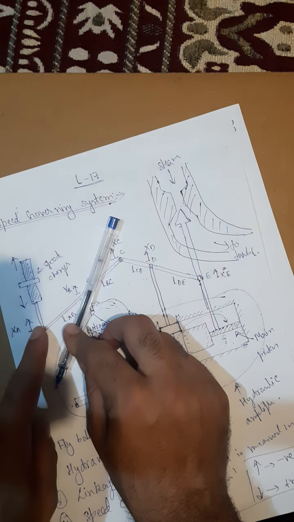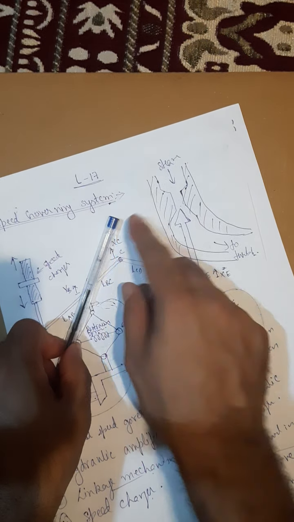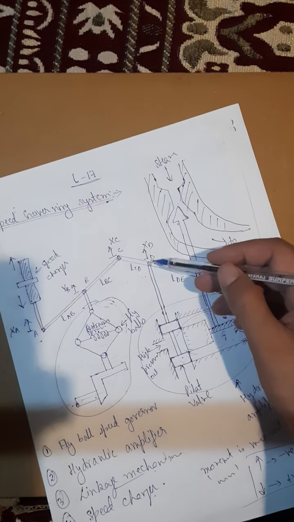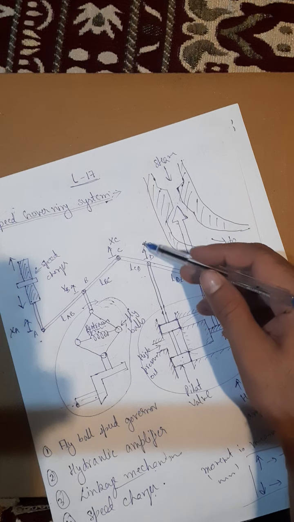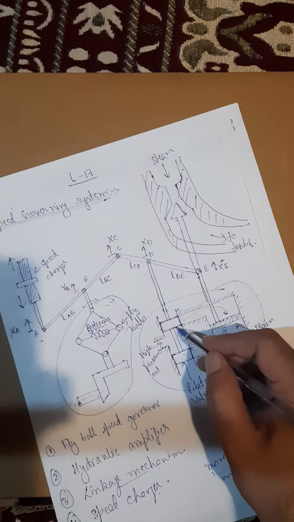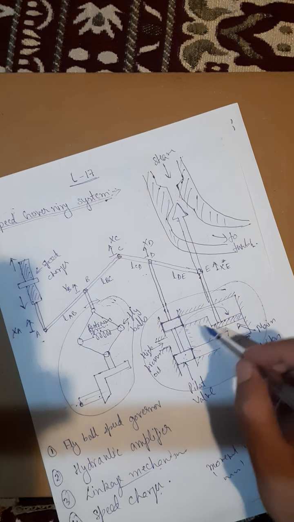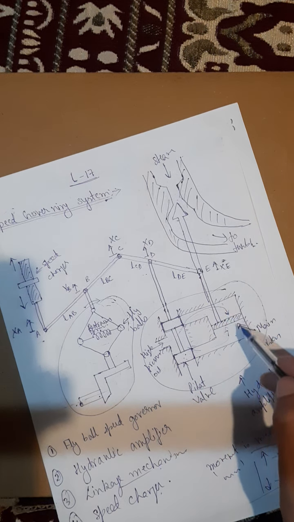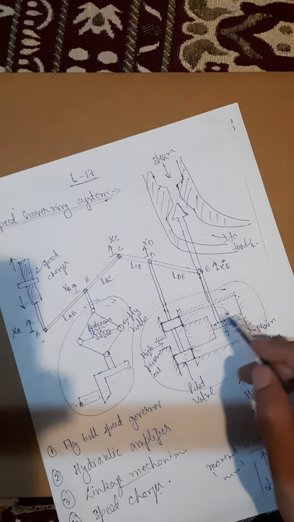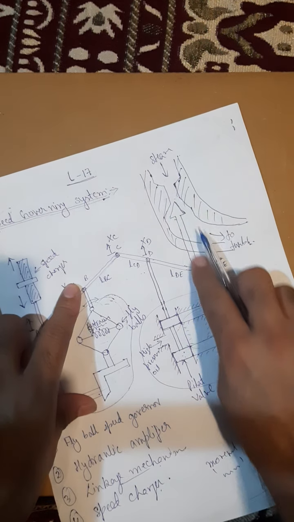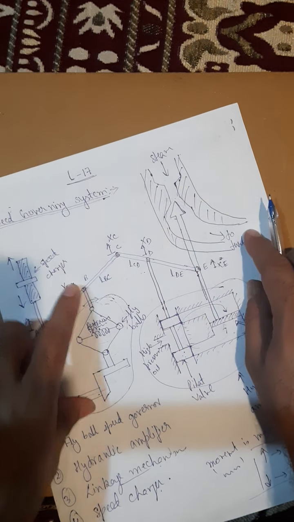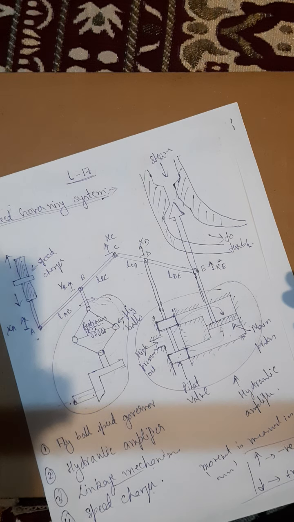If A is moving downwards, what is happening to C? C moves upwards, D moves upwards. The moment D moves upwards, more oil is entering from the upper side of the pilot valve, and it is pushing the main piston valve down. So the gate will open, more steam will enter the system and more power will be generated.